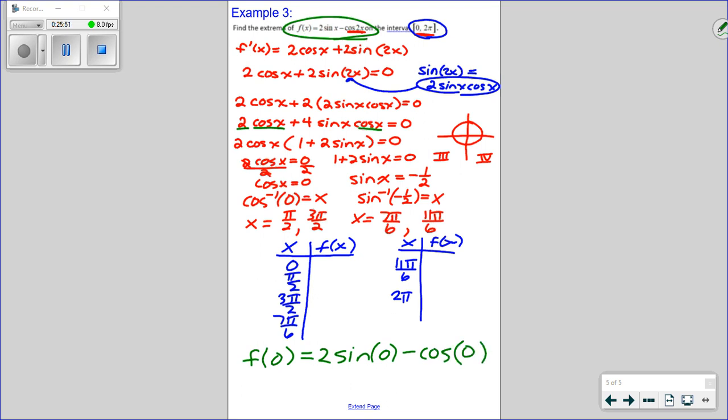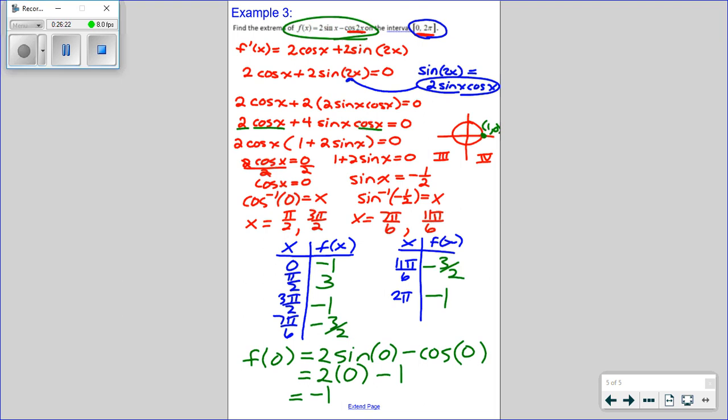So then think your unit circle. Again, this is 0, and the ordered pair is (1, 0). So sine at 0 is 0, minus cosine at 0 is 1, so we end up with this equal to -1. All right, so I'm going to keep working on just plugging in these x values and finding f of x.